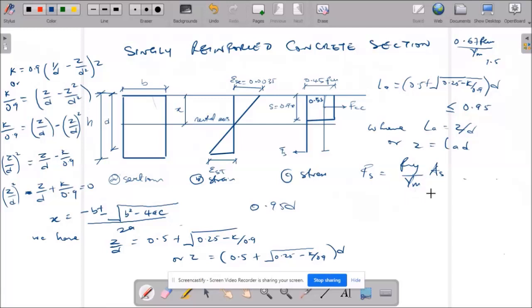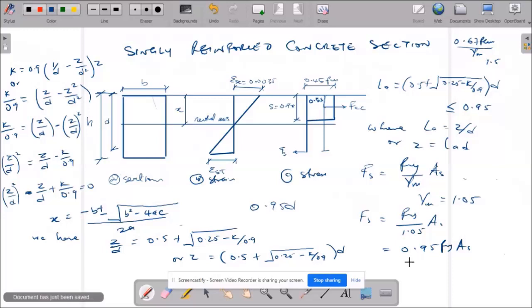If we're using material strength of 1.05, our Fs will be equal to Fy over 1.05 As, and this will be equal to 0.95 Fy As.